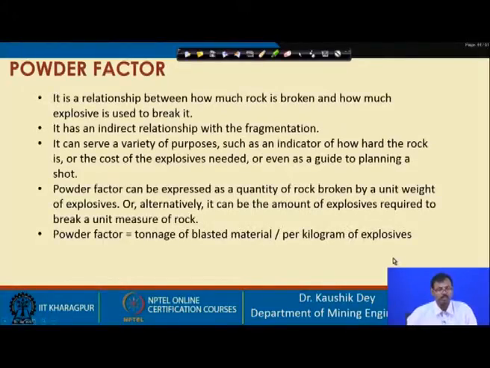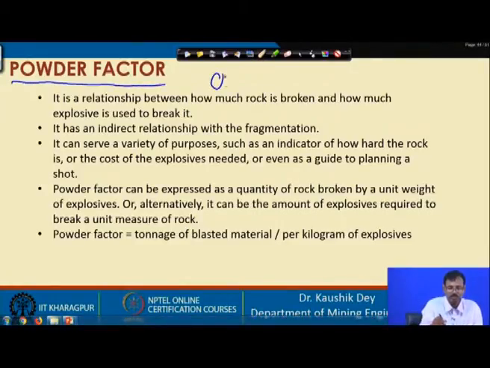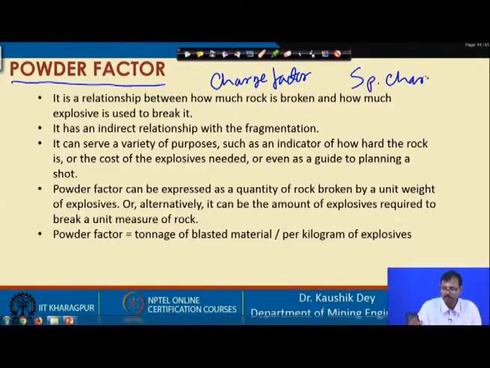So, now let us consider the first parameter, which is the powder factor. This is also called charge factor, also called specific charge, and this is basically a direct relationship which gives us the idea of how much explosive is required to blast a certain amount of rock. Basically, this is expressed as the tonnage of rock produced per kg of explosive.